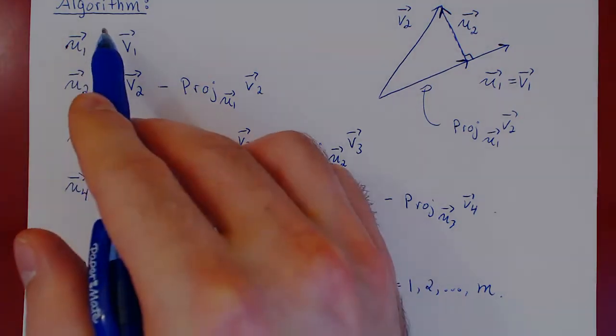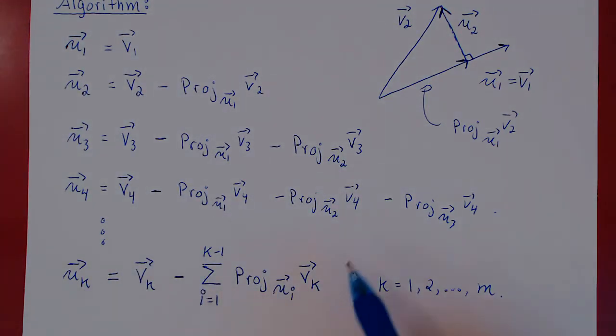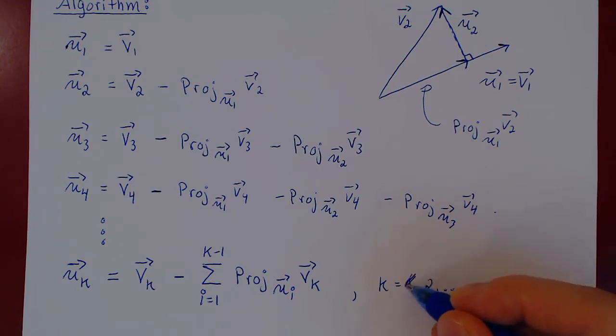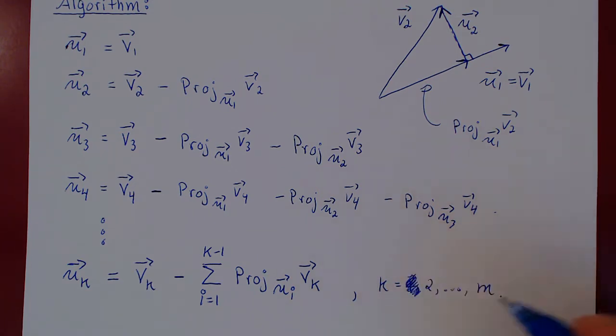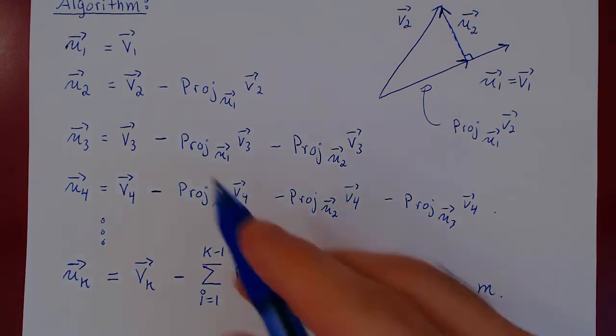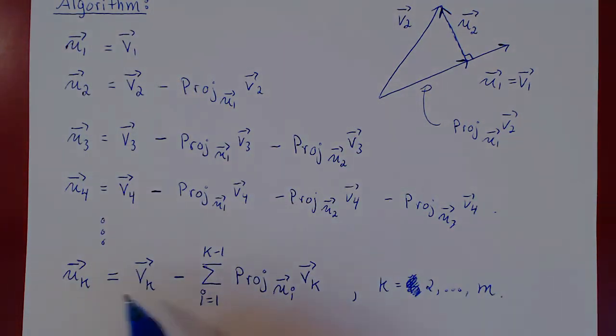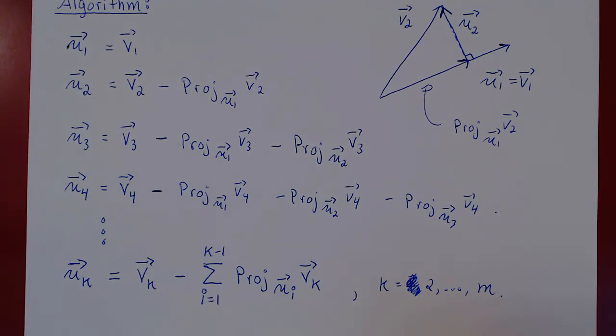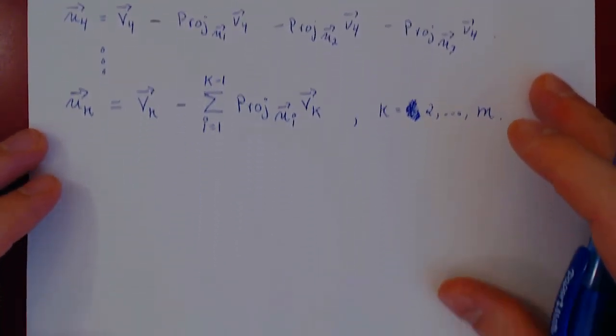All we need is this statement, and then this line, which tells you how you would compute, we start here with k equals 2, up to m. And now with this line, u1 is v1, and with this formula, we can compute u2, u3, up to um. And that is the Gram-Schmidt algorithm. And as we have discussed, the new vectors u1 through um will be an orthogonal basis of V. So that's our conclusion.